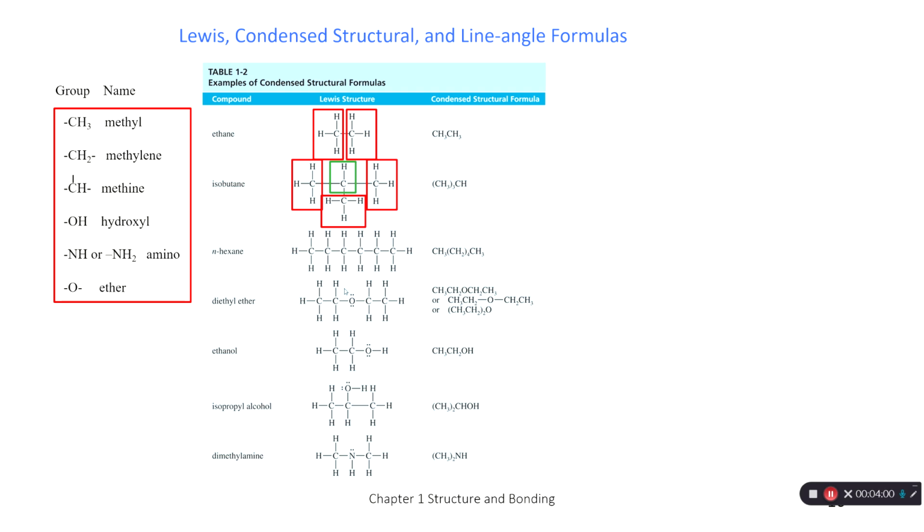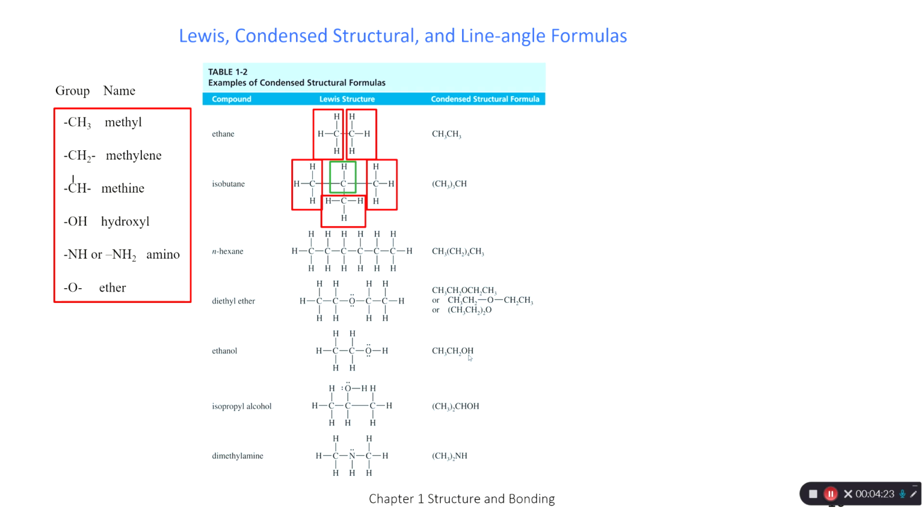How would we write this? Well, we would show a CH3, that's a methyl, bonded to a CH2, and then an oxygen bridge, another CH2, and another CH3. And then we can take a look at ethanol. Ethanol has an ethyl group, which is a CH3 and a CH2, which is bonded to a hydroxyl group.